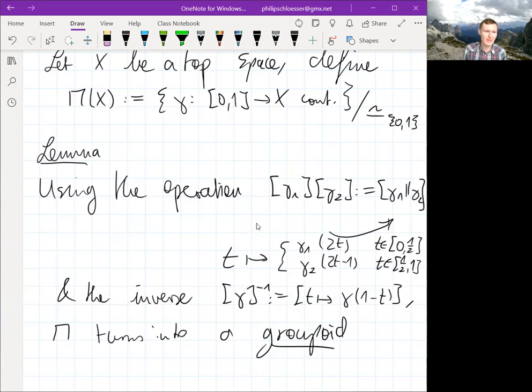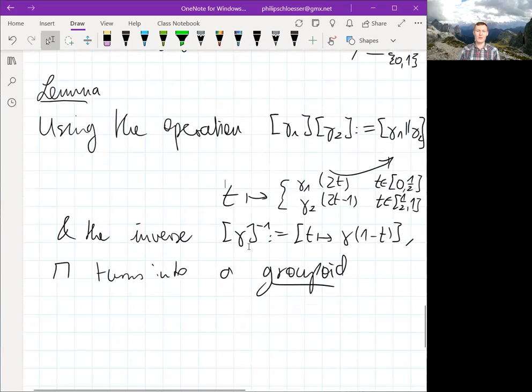So you cannot compose every two paths. And that is why it is a groupoid and not a group. Basically a group, but where you just require the group operation to not be defined for every two things. And this groupoid is called the fundamental groupoid.